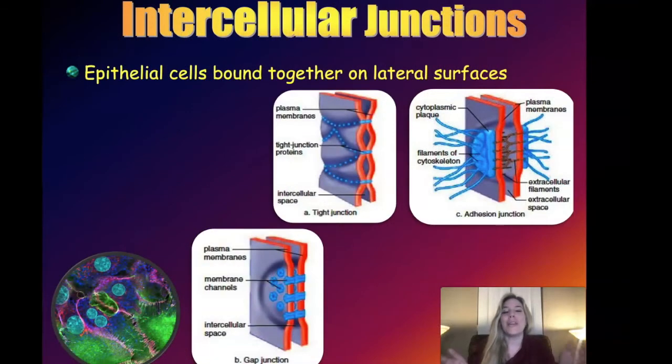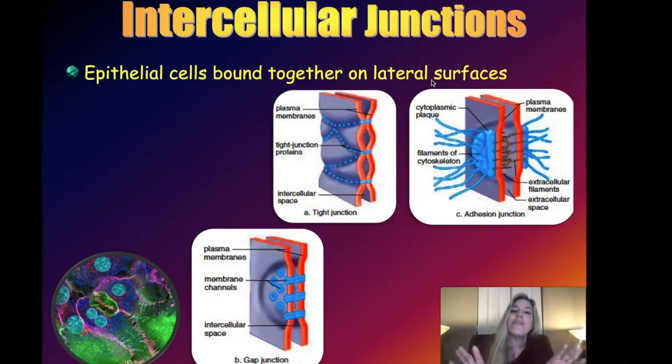Now, you saw that an epithelial layer consists of cells lined up side by side like soldiers. So they're right next to each other. Sometimes you want things to be able to pass back and forth between the lateral surfaces, i.e. the sides of the cells, and sometimes you don't. Sometimes you need those cells to help each other out, reinforce each other when the tissue is under stress.